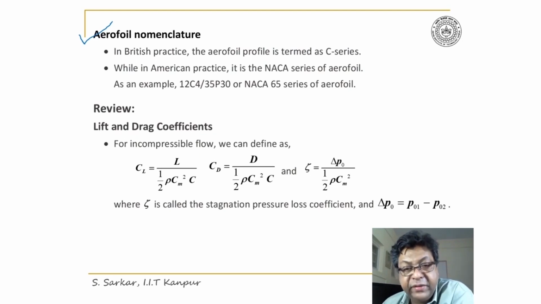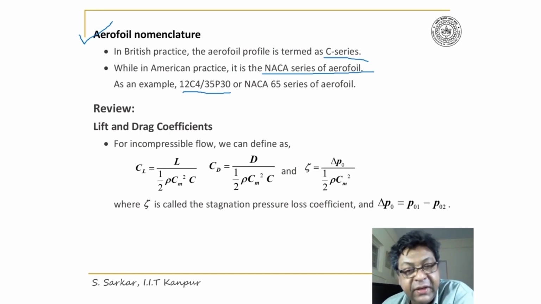In British practice, the aerofoil profile is termed as C series, while in American practice it is termed as NACA series of aerofoil. As an example, in British practice, an aerofoil is designated as 12 C4 stroke 35 P30.